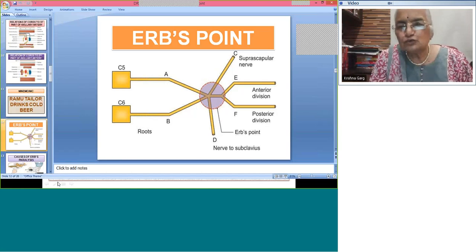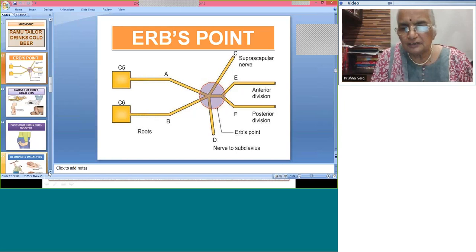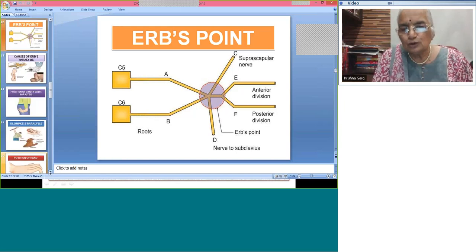From the upper trunk arise two nerves. One is the suprascapular nerve supplying the supraspinatus and infraspinatus muscles, and going below is the nerve to subclavius. In addition, the trunk gives rise to an anterior division and a posterior division. This particular area is known as the Erb's point. An injury to this Erb's point is a very typical paralysis.